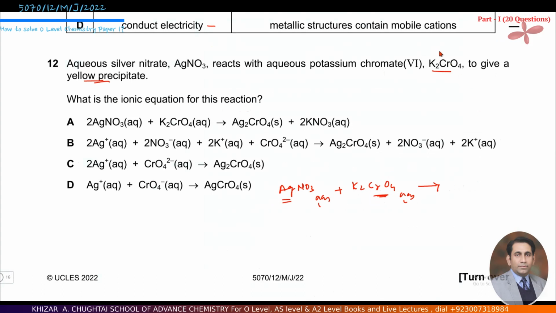You can see that this CrO4 has a -2 charge because there are 2 moles of potassium atoms, each with a +1 charge.